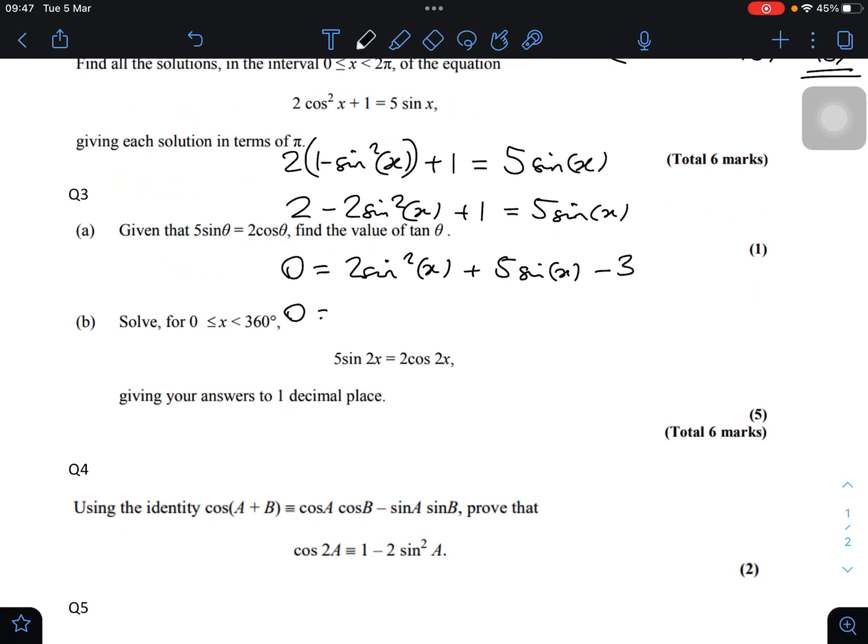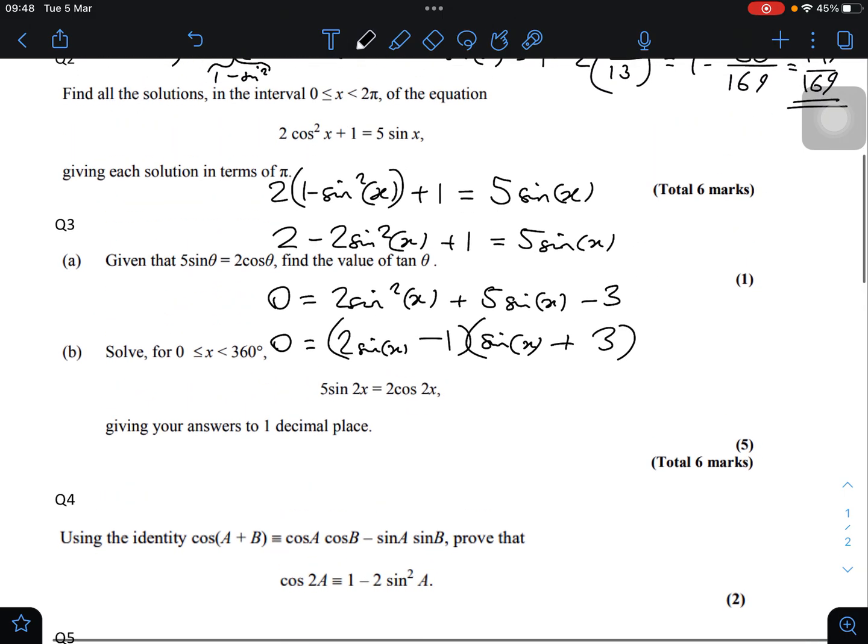And so therefore, factorize, we have to have 2 sine of x in one bracket, and then the other bracket needs to be a sine of x. And then to get to 3, we need 1 and 3. And so thinking of a combination, plus 3 minus 1 should get us there, because we're going to get minus 3. And then we're also going to get our plus 5 sine of x, because we're going to get 6 sine of x minus 1 sine of x.